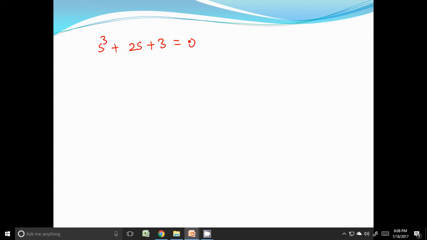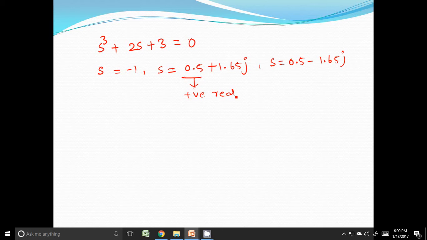If I calculate the roots of this characteristic equation, one root is s equal to minus 1, the second root is s equal to 0.5 plus 1.65j, and the third root is s equal to 0.5 minus 1.65j. If you observe these closed loop poles, two have a positive real part, so the system is unstable.